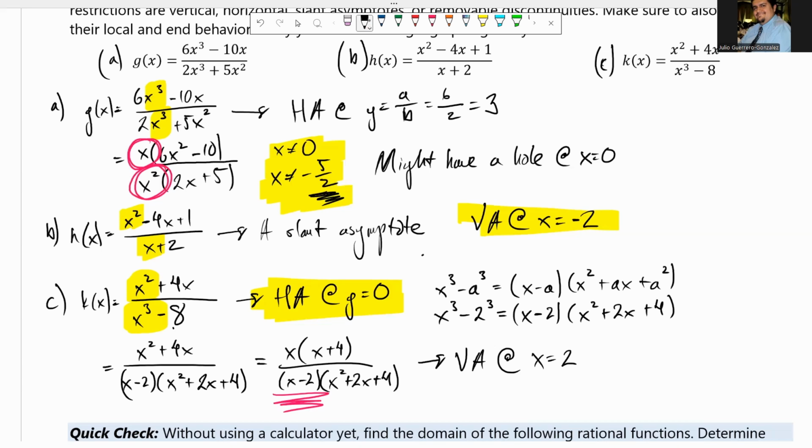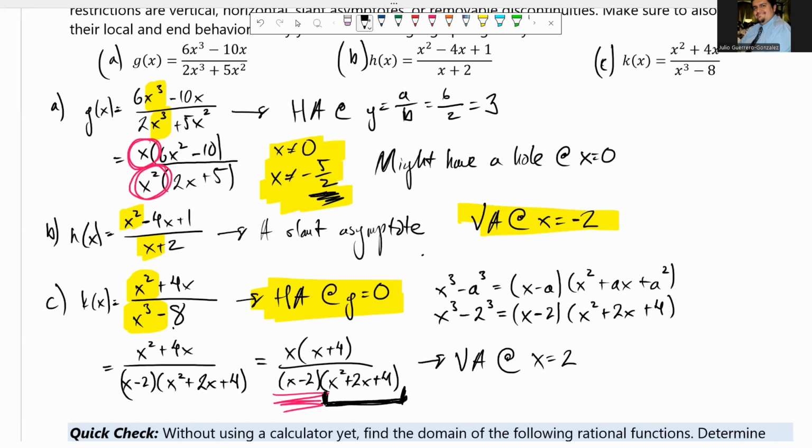So one thing I need to note: in order to find vertical asymptotes, we need to set the bottom equal to 0. That second portion of the bottom will never equal 0. The reason I can make that determination is if you put it into the quadratic equation, since we want it equal to 0, it provides no solution.